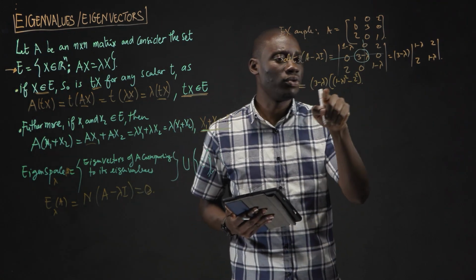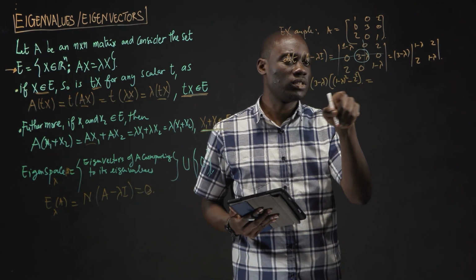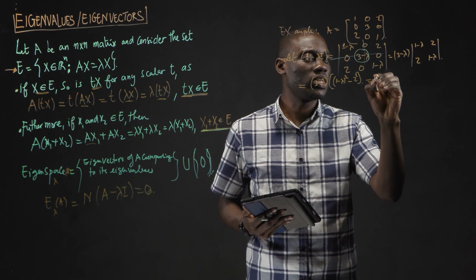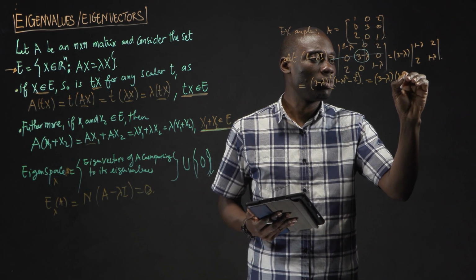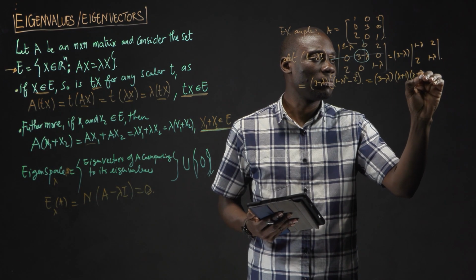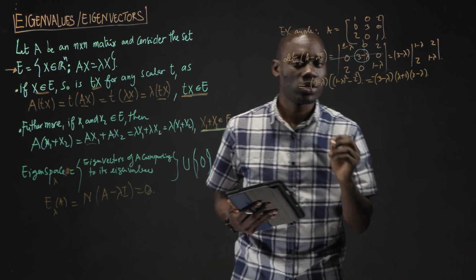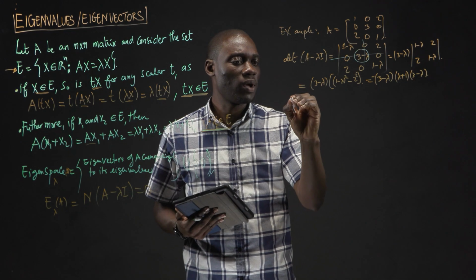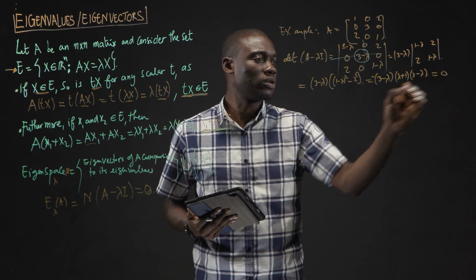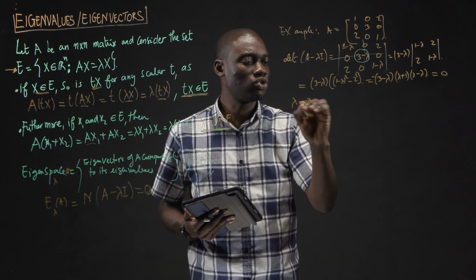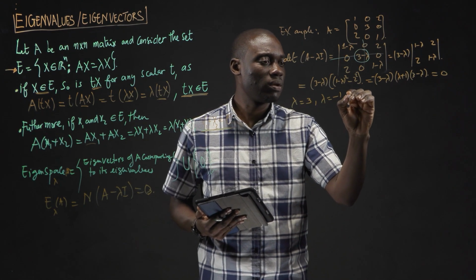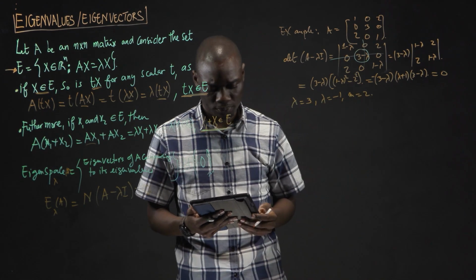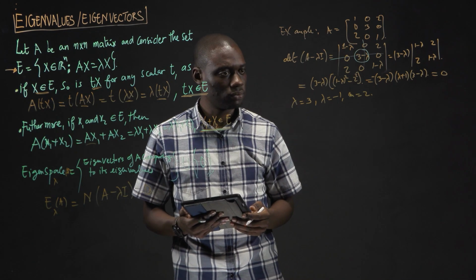Now, if you do the factorization of this, you realize that this will give you 3 minus lambda times (lambda plus 1) times (3 minus lambda) with a minus here. Solving this equal to 0, I have that lambda equals 3 and lambda equals minus 1, with multiplicity 2.